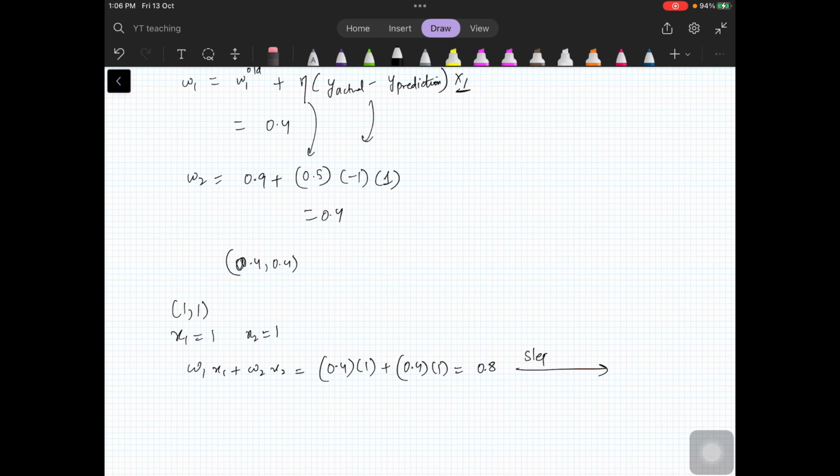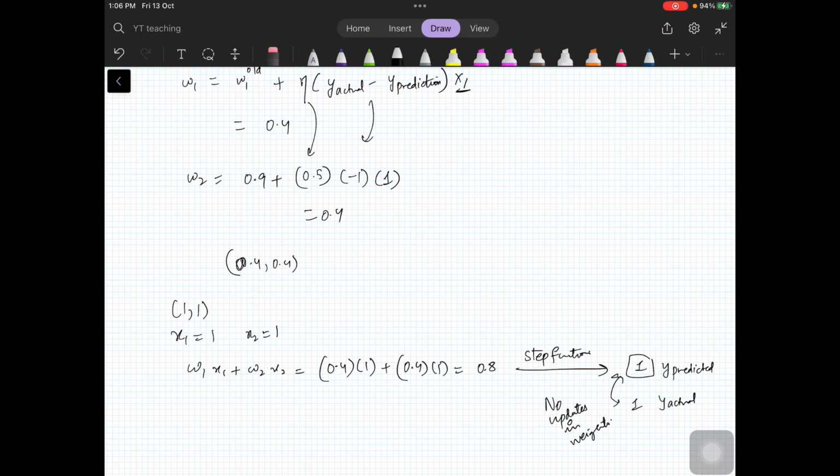So when you apply the step function, it would be 1. This is what we were expecting. So y predicted and y actual are both 1. Therefore, they are the same, so no updates in weights. Okay, so this is how we will be doing our training of the perceptrons.